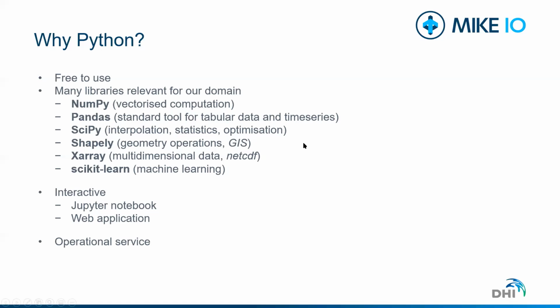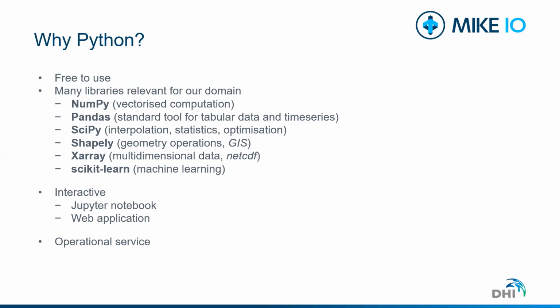The Shapely library, which gives you geometry operations, things that you would normally do in a GIS system. The X-Array library, which handles multidimensional data very well. It's like Pandas, but for multidimensional data, and it can read netcdf files. Scikit-learn, which is the industry standard library for machine learning.